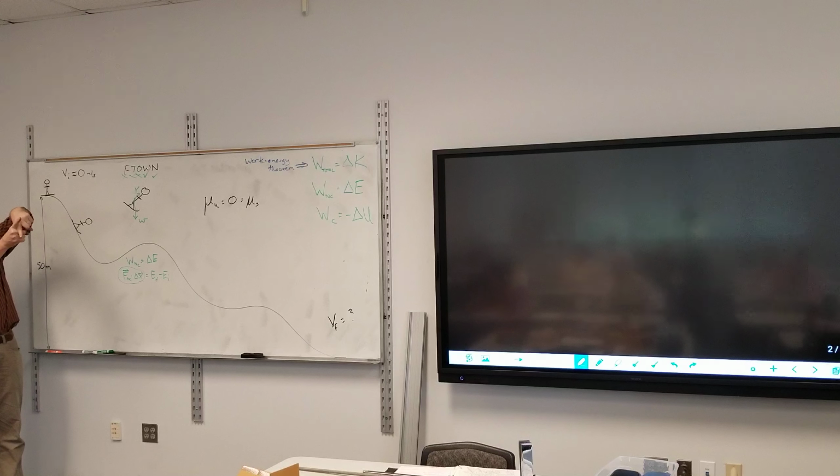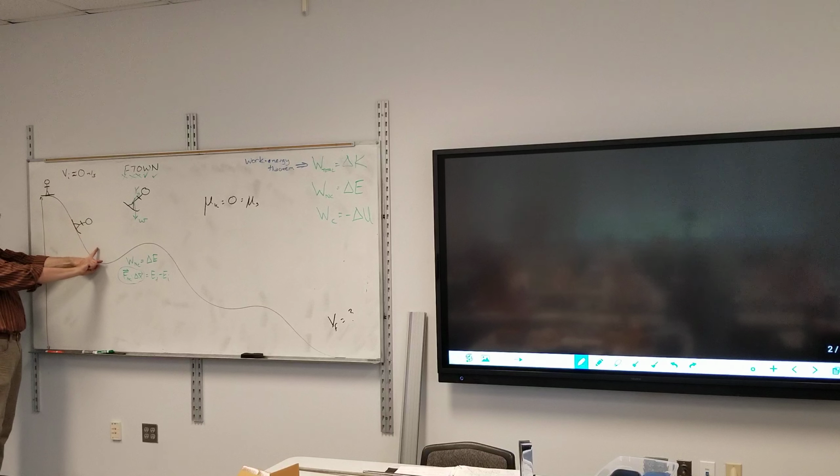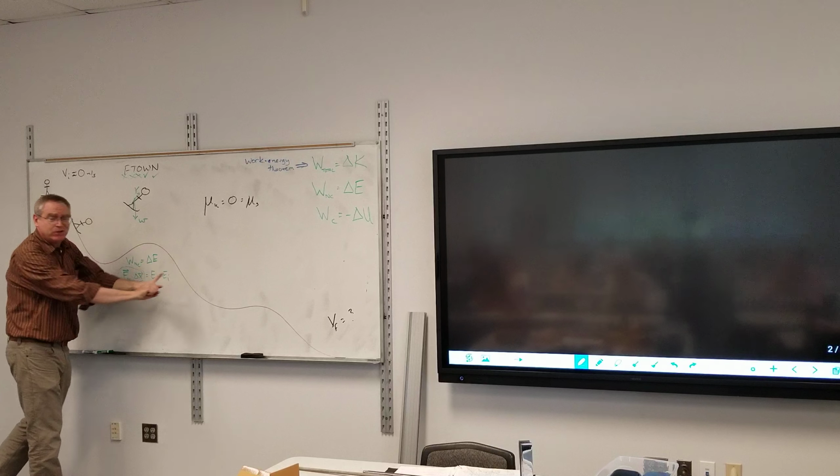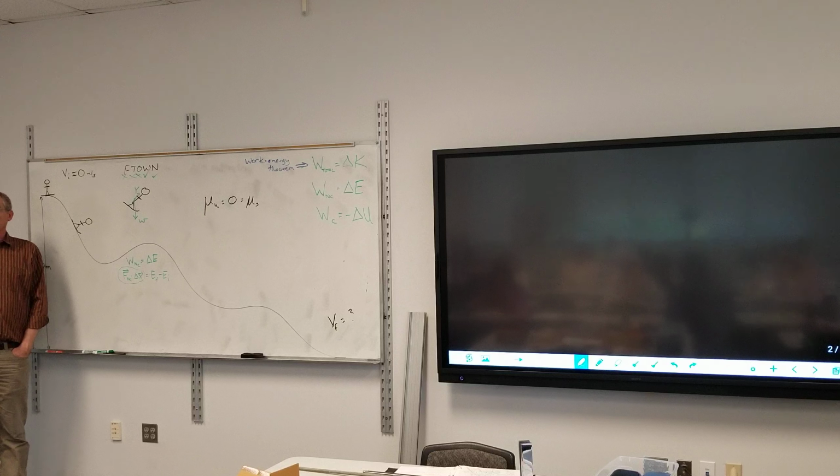No matter where he is, that normal force is perpendicular to his movement. He's going that way, normal force is that way, perpendicular the entire time. And what do we know about dot products of perpendicular vectors? Flip back to your notes from an hour ago.